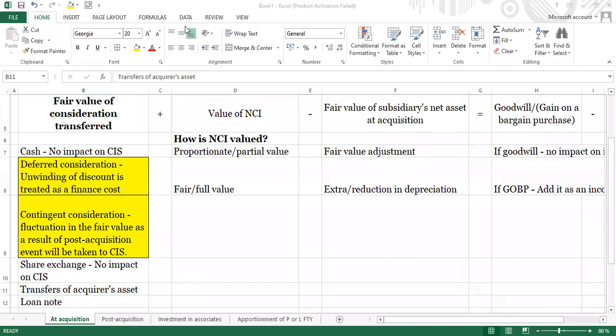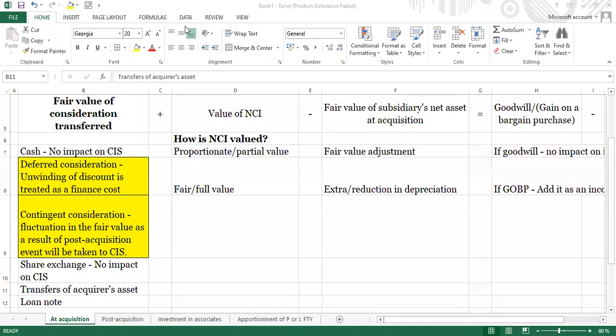I'll call Mary. Oh, yes, I can see Mary Omotosho. Mary, you are doing as if you did not hear. Good morning, sir. Good morning, ma. Transfers of acquirers' assets, what is it about? Your answer can be as simple as, I don't know.